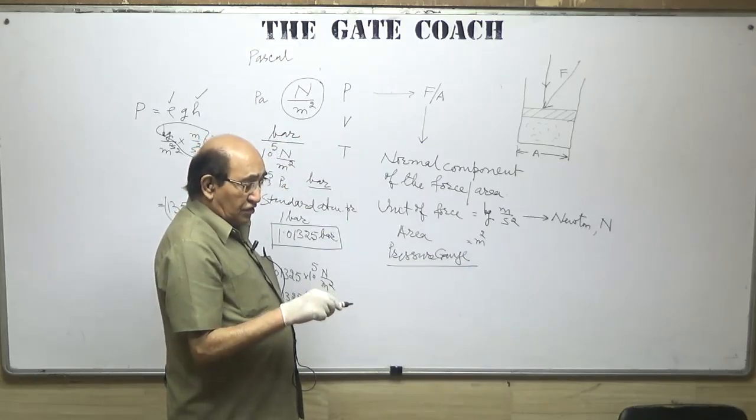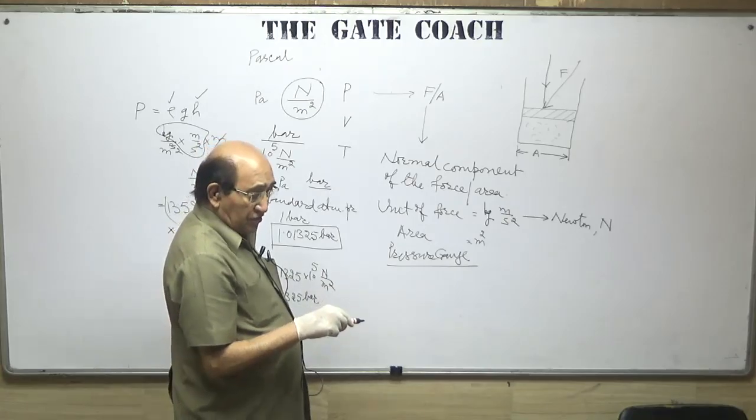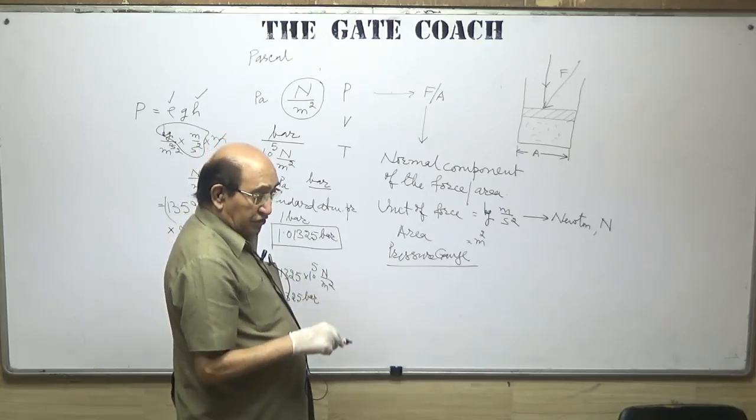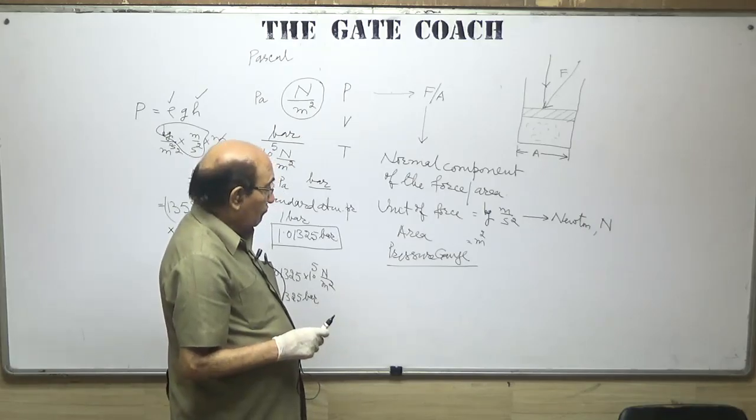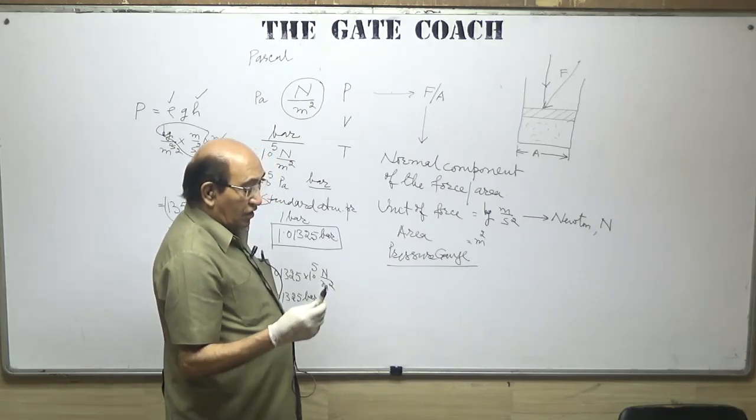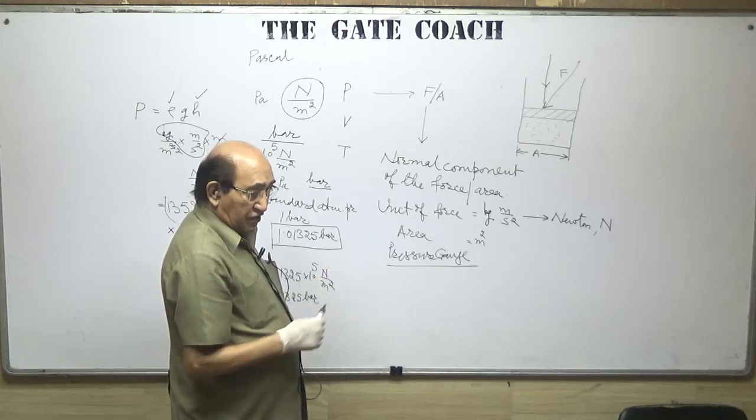The pressure gauge indicates the pressure well within the system, and then atmospheric pressure is acting on it.